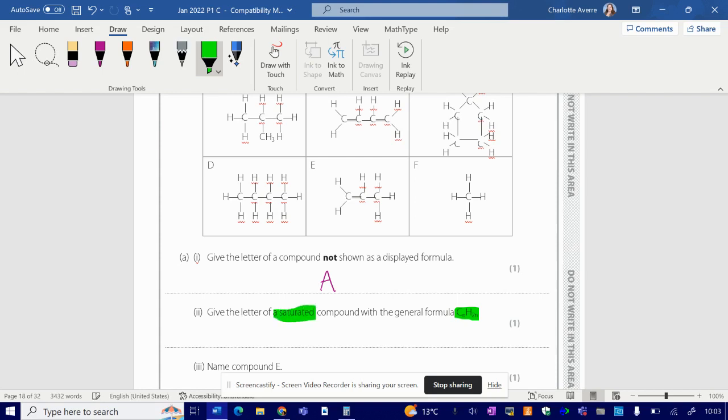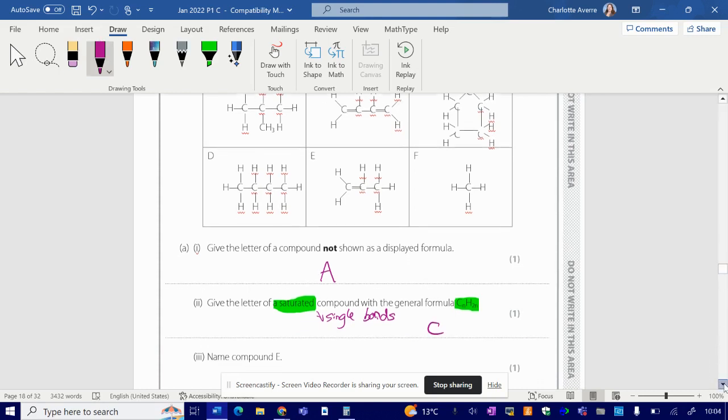However, the question says a saturated compound. Saturated compounds only have single bonds. There are no double bonds. So you're looking for something that still has that formula, but only has single bonds. And the only one that does that is C.